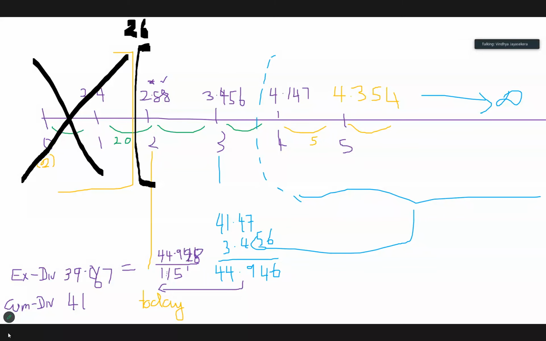Okay, divided by 1.15 gives 39.067. That's the ex-div price plus 2.88, 41.947. And that's the answer. Okay. Any questions here?